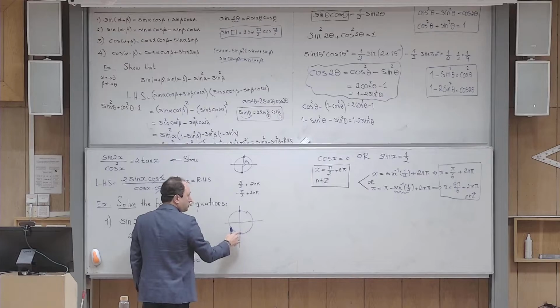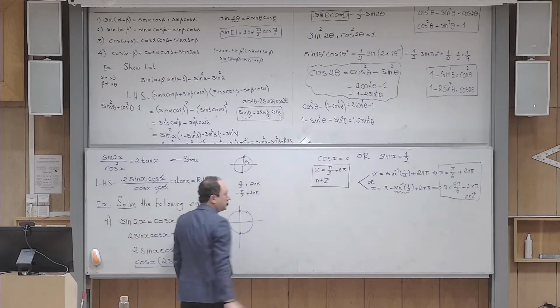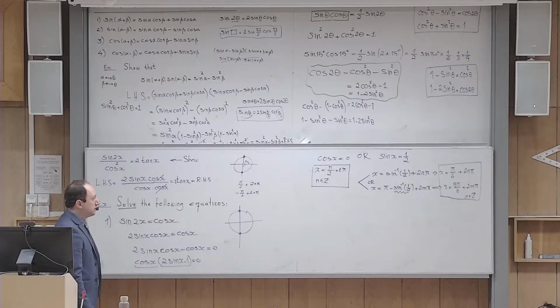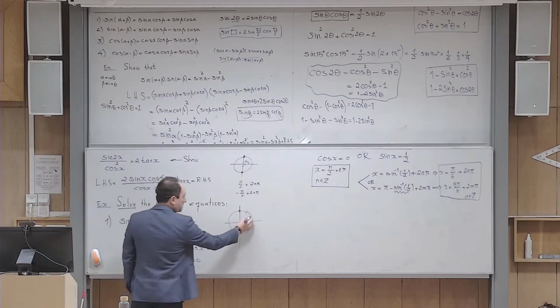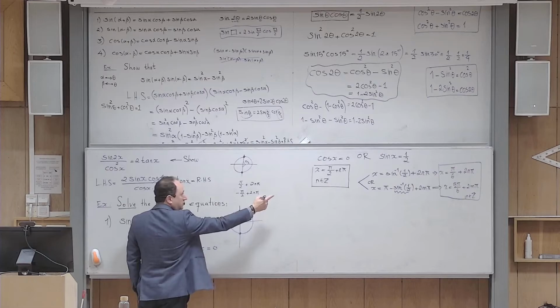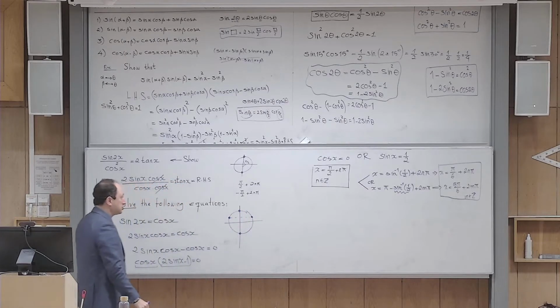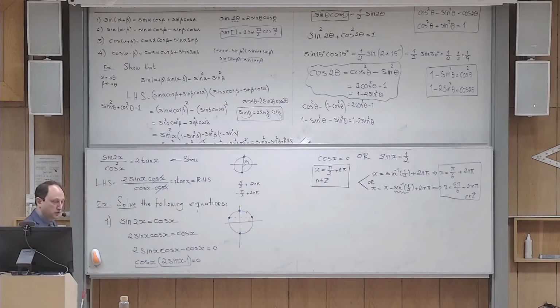These 2 points are being taken care of by one single formula here. And then I have pi over 6 plus 2n pi, which is 30 degrees somehow here. And the other one is 5 pi over 6, which is here. So it means that there are 4 possible points on the unit circle that correspond to the solution of this equation.